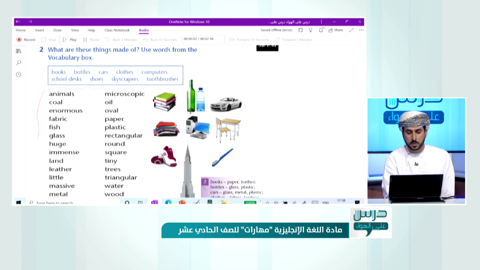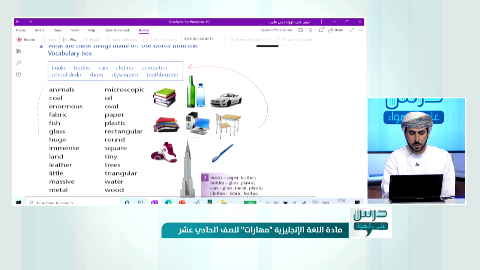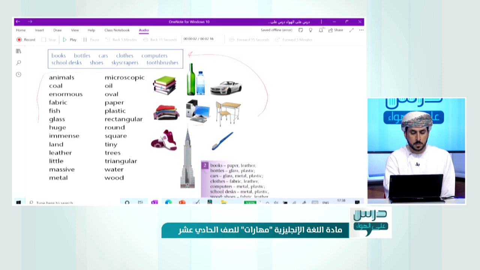And these photos represent the words in the box here. So, what are they made of? We are going to use some vocabulary from this box, like, for example, maybe fabric, maybe glass, maybe leather, maybe metal, plastic or paper, and so on.